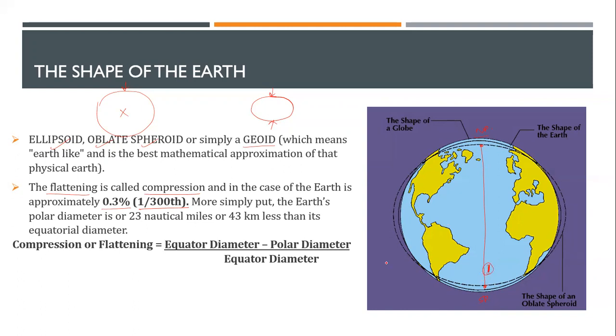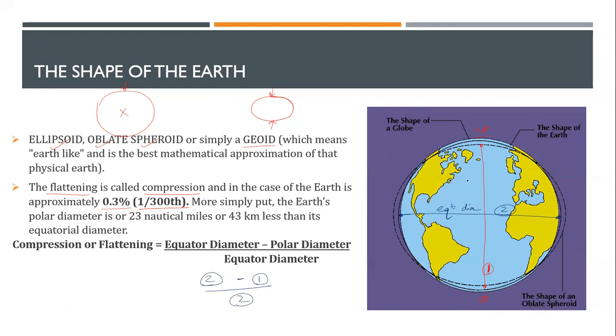This is diameter number 1, or polar diameter. If we take another line, let's say I'll draw a line which cuts the earth into 2 equal parts. This is also known as the equator. This line represents the equatorial diameter, and we'll call it number 2. So if I take 2 minus 1 divided by 2, I will get the compression or the flattening value.